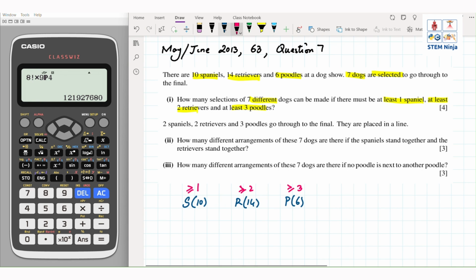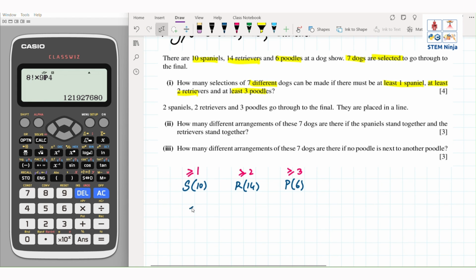Okay, all right, so let's start with the spaniel 1. So 1 spaniel and, let's go with poodle 3 first, and we need 7. So 1 plus 3, 4, 7 minus 4 is 3. So yes, greater than 2. All right, let's change the number now.